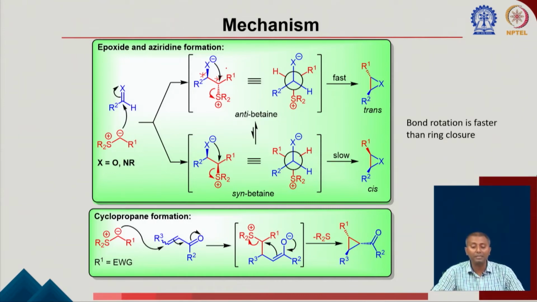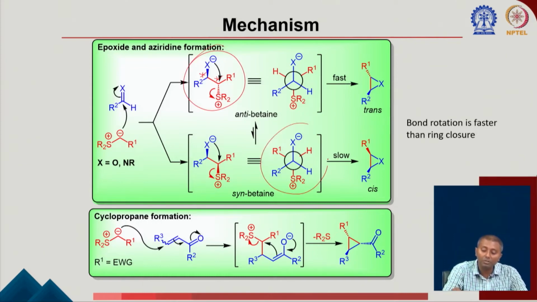I think a very similar discussion was done with the Peterson olefination, where a silanol forms when the attack happens on the carbonyl group. Here we have sulfur instead of silicon. But a similar problem arises: when this nucleophilic attack is happening, the important thing is the geometry of the compound that forms, which will be an anti-betaine intermediate or a syn-betaine intermediate.